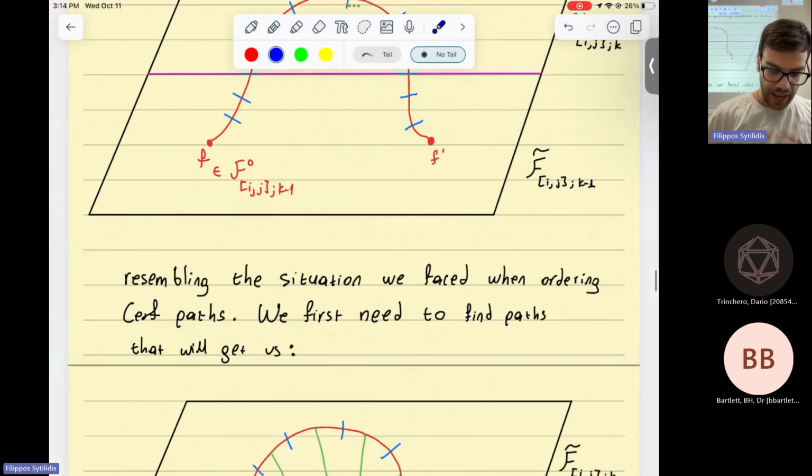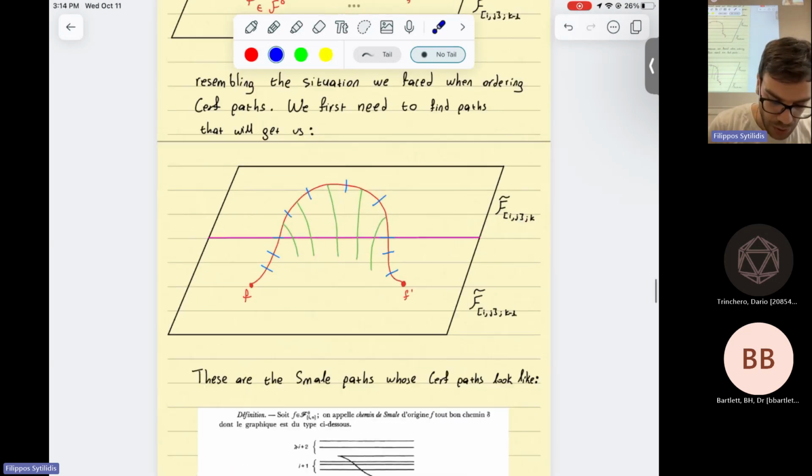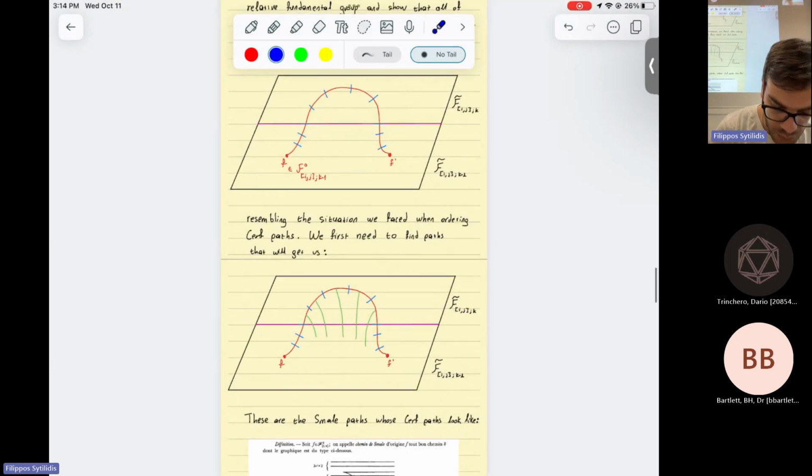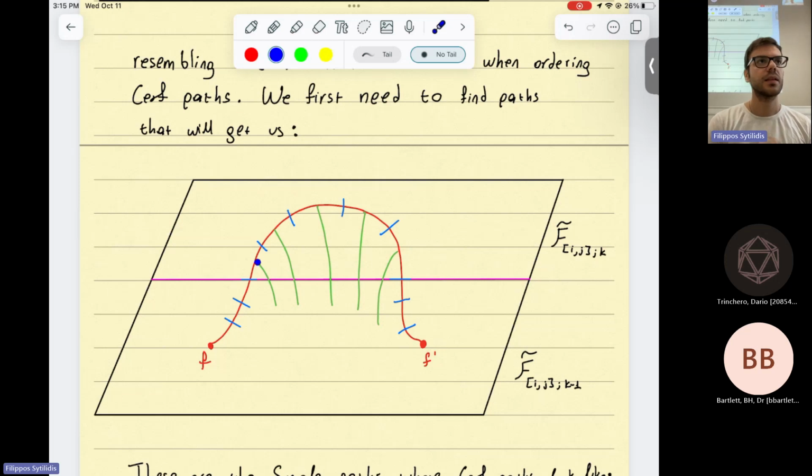That's the goal. And this resembles very much the situation that we were at last week. I basically had drawn the same picture, and we were doing very similar stuff. The first thing, if you remember what we were doing last week, is I tried to define some paths that from each point in those intervals go down like that, so that we simplify what things we have to work with.